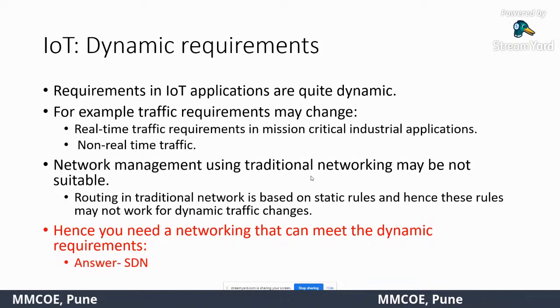Another important thing when we talk about IoT, and now when we combine SDN and IoT or SDN and industrial IoT, you will see that the requirements in IoT applications are quite dynamic, right? Now, what does it mean by dynamic requirement? If you see the traffic, IoT applications may have real-time traffic requirements.